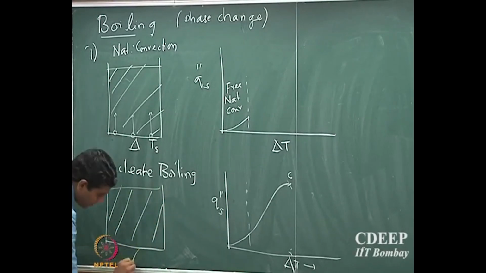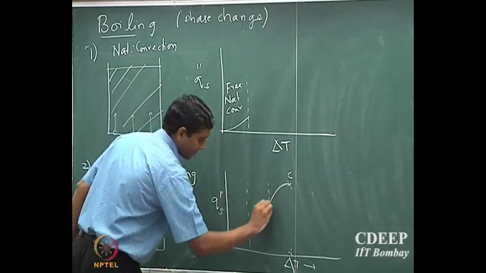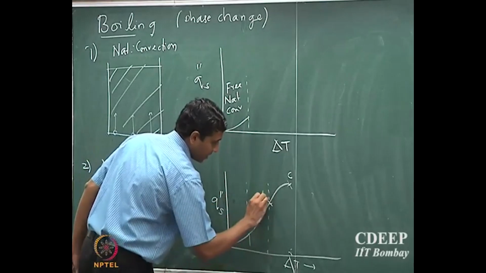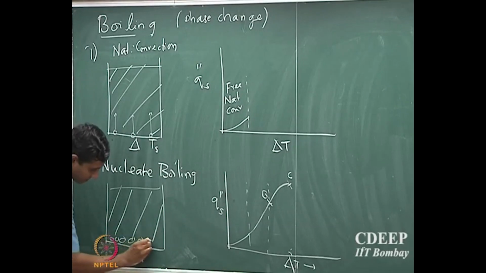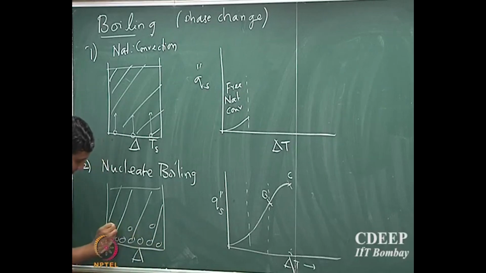So, this is the fluid and I have a heating system below. Till a certain point, there will be an inflection point on this curve. Till the inflection point you will see significant bubbling of vapors. The bottom surface will now have a significant amount of bubbles.